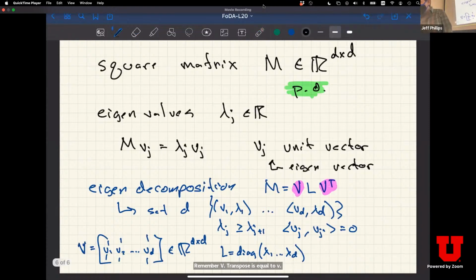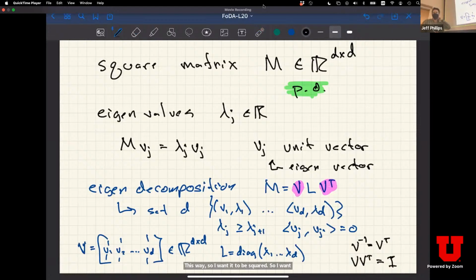If you recall, for an orthogonal matrix, V transpose V is the identity matrix, which means that V inverse is equal to V transpose. So I can take an inverse of an orthogonal matrix this way. So I want it to be square, so I want this sort of property.